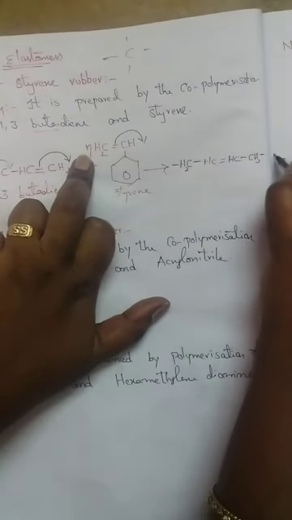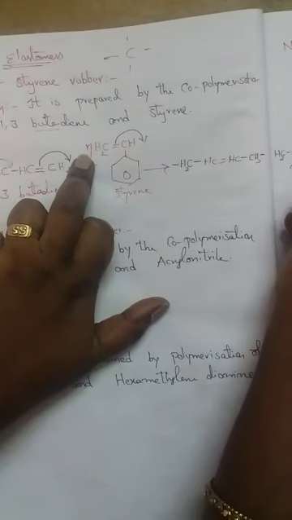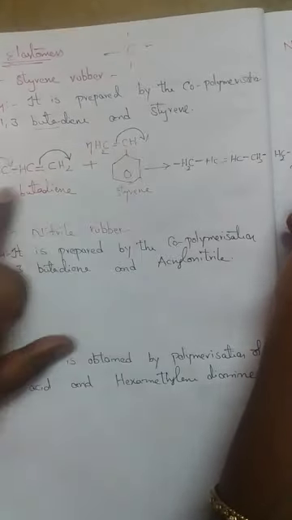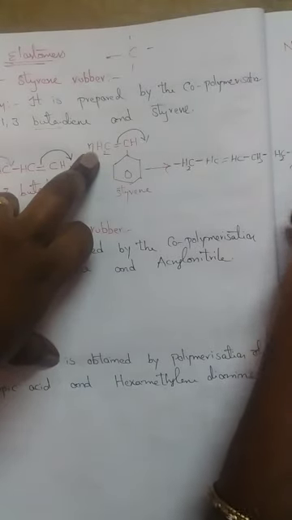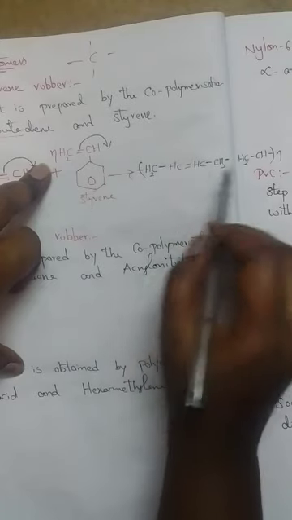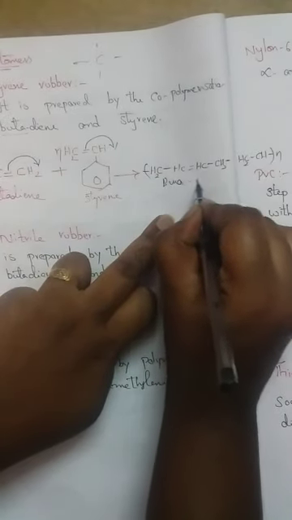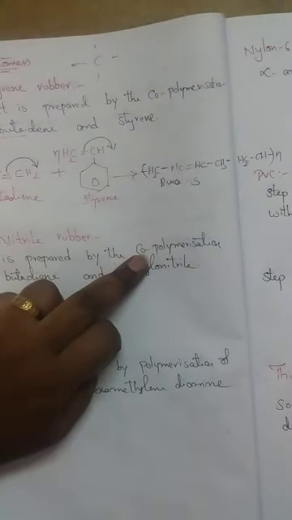So single bond H2C, single bond CH, and this n can be shifted to last. So keep the bracket. This total structure is called Buna-S rubber.